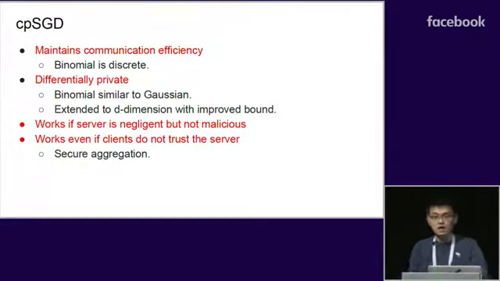And in the paper, we have extended the existing results to d-dimensional data with improved bounds. This works if the server is negligent but not malicious, in the sense that the server simply computes the average of the gradient. And this works even if the clients do not trust the server, with the secure aggregation algorithm.